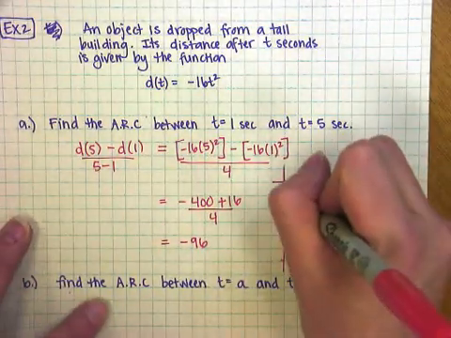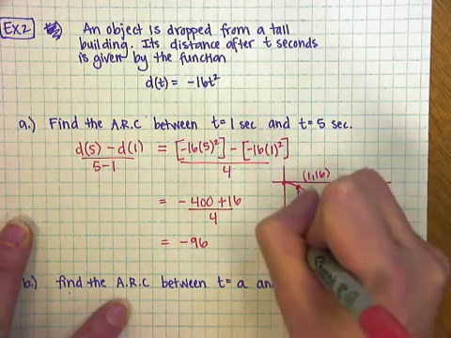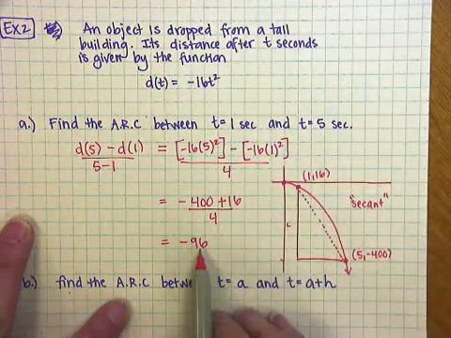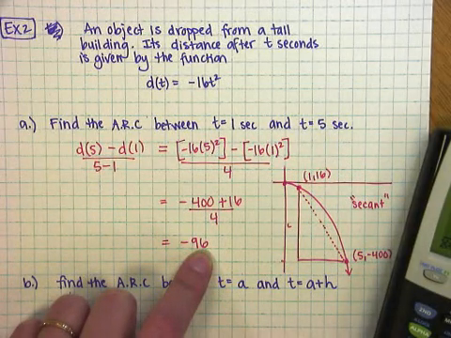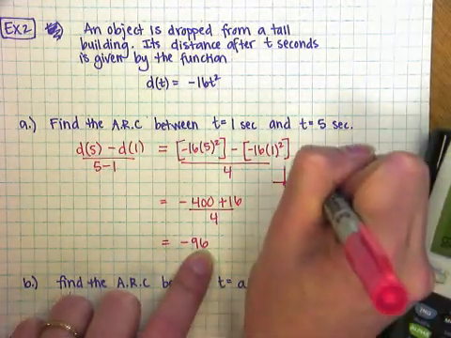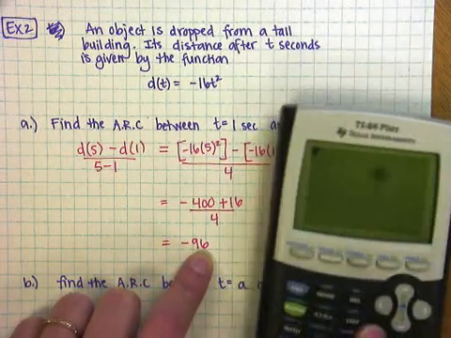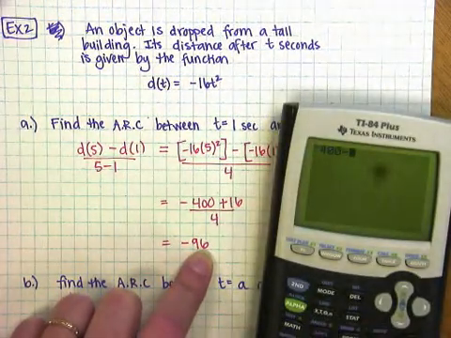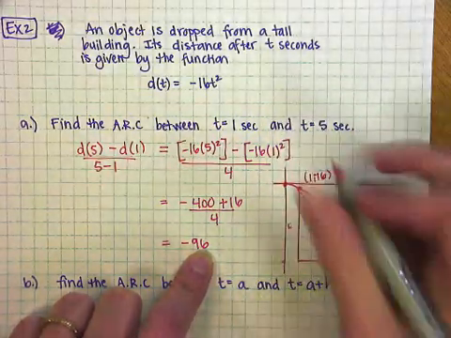And so then, sure enough, it looks like this slope is going down 400, or actually, sorry, down, not quite 400. What's the difference between a negative 16, negative 400? So negative 400 minus a negative 16, there we go, is negative 384.